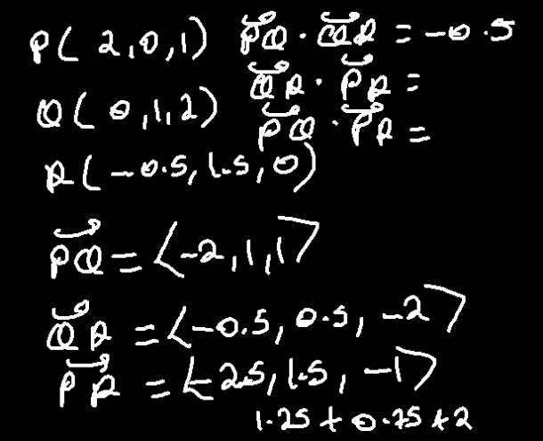So let's add those. We have 1.25 plus 0.75 plus 2, and that should be 4. Then we should also go down as well.